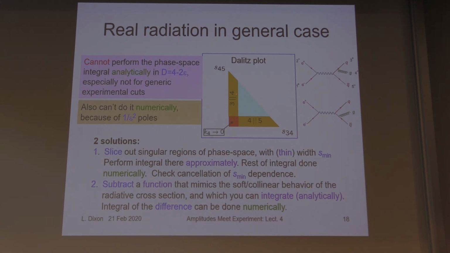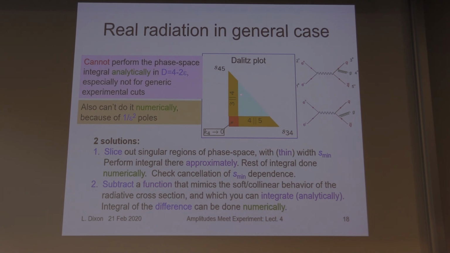But we can always define a small S min that controls this strip. If we require that all of the partonic invariant masses are larger than a given amount, then we will remove all of the singular regions. So we can easily do a numerical integration, and we don't have to worry.